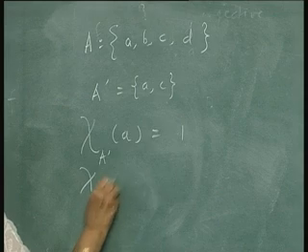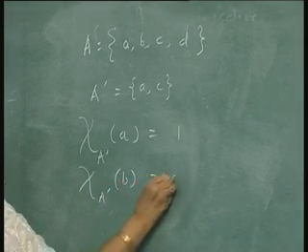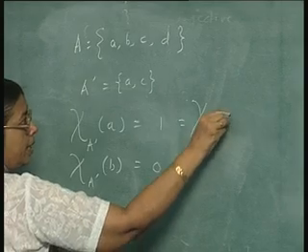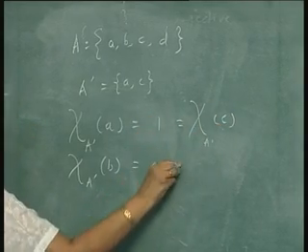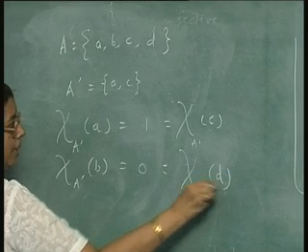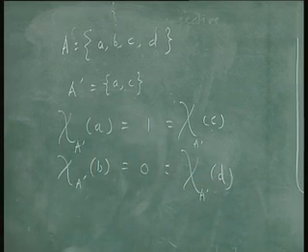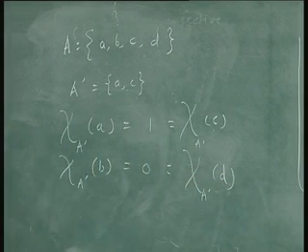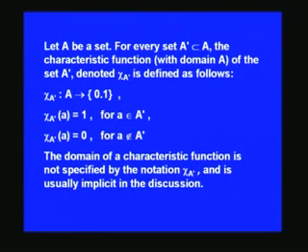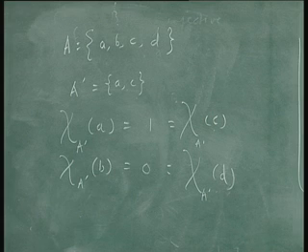Chi A dash of b is equal to 0, and chi A dash of c is equal to 1 because it belongs to the set. Chi A dash of d is 0 because d does not belong to the subset. So this is known as a characteristic function. The domain of a characteristic function is not specified by the notation chi A dash. You do not specify A explicitly here, it is understood.